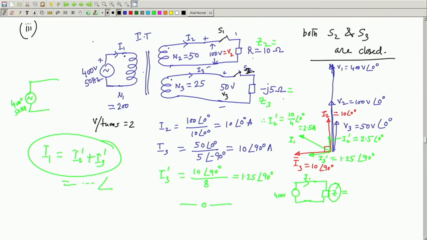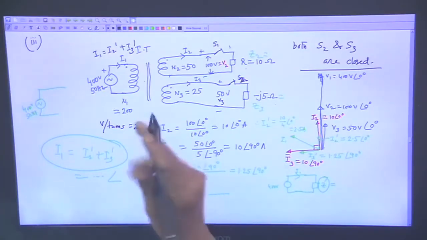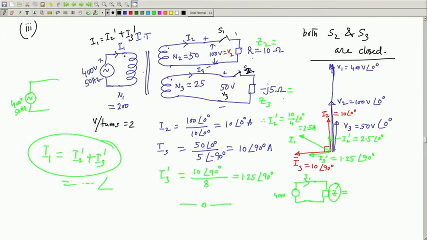So, I 1 will actually comprise I 2 dashed plus I 3 dashed, that is what exactly we did. While calculating the reflected current, be careful about the turns ratio. For this it is 200 by 50, with that number you have to divide. Similarly, for this it will be 200 by 25, you have to divide, like that you have solved the problem.